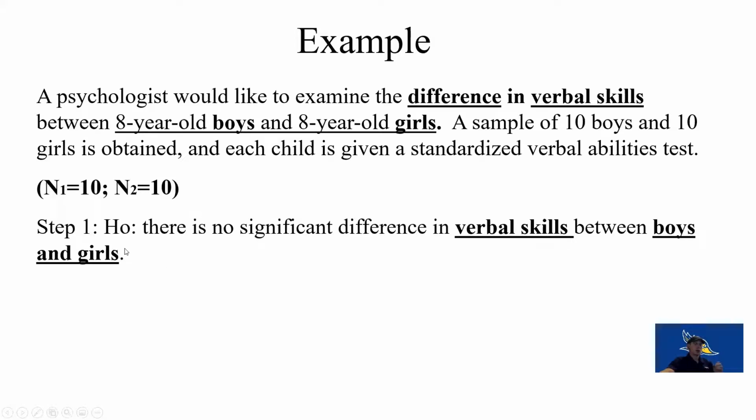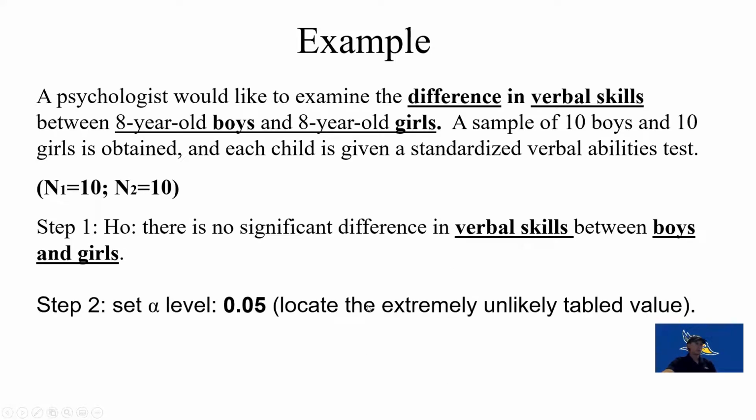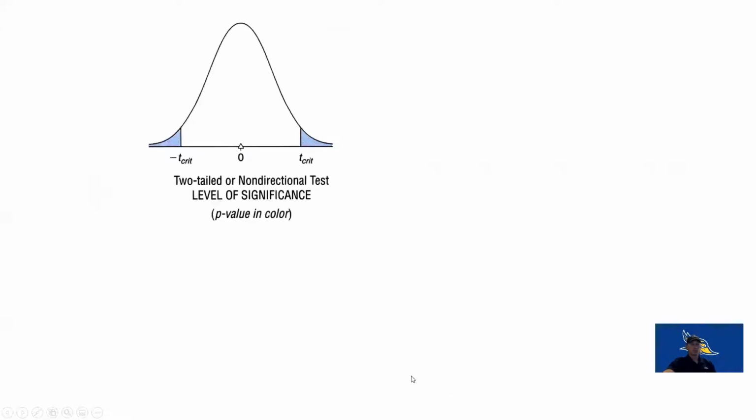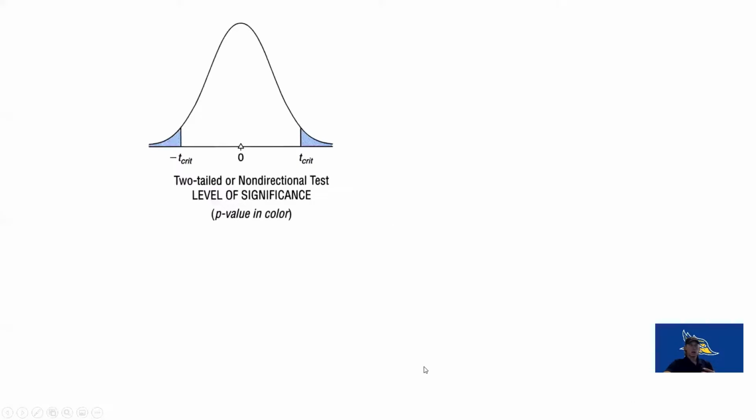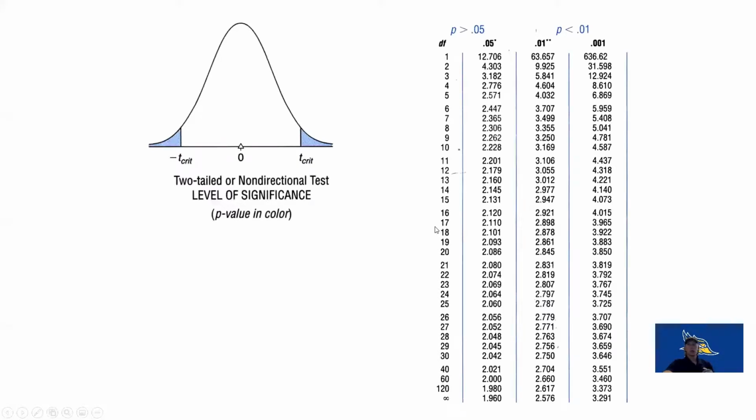The null hypothesis is that there will be no significant difference in verbal skills between boys and girls, or between groups. Our alpha level is set at 0.05, and we calculate our total degrees of freedom, which in this case is 18 because group 1 minus 1 plus group 2 minus 1 gives us 18, or 9 plus 9. Now we use our table to determine our critical value.